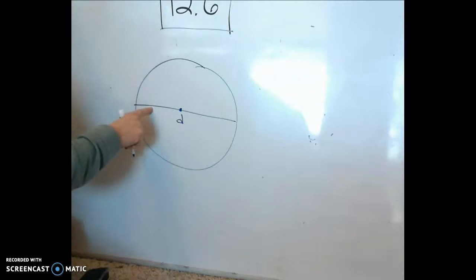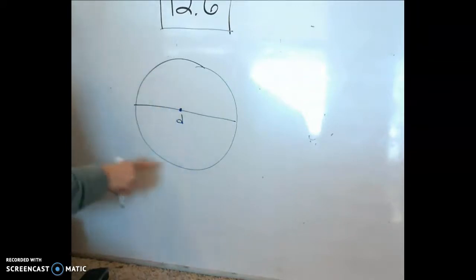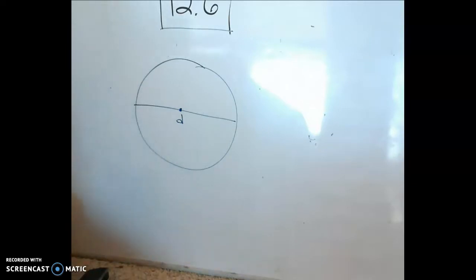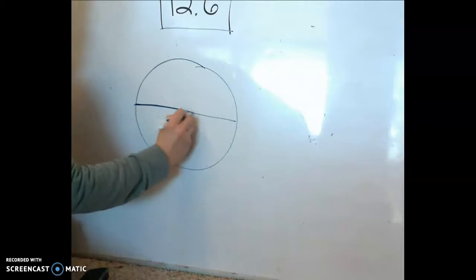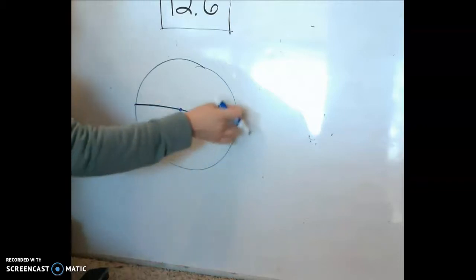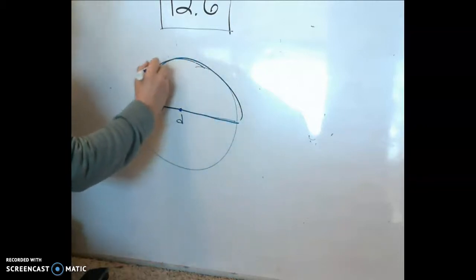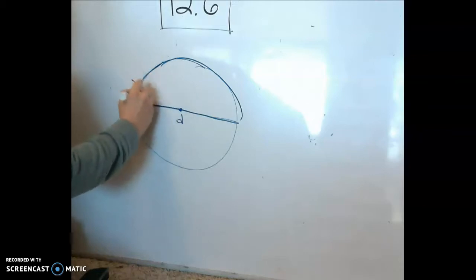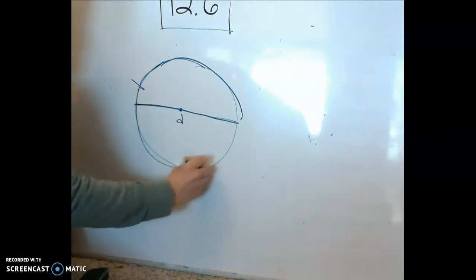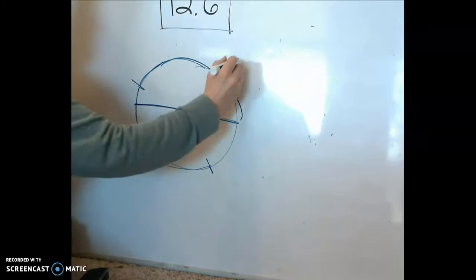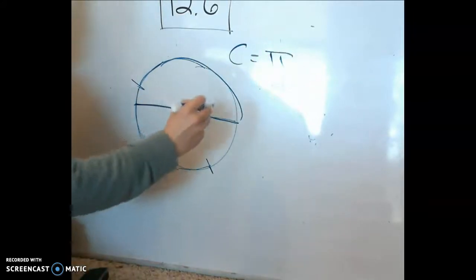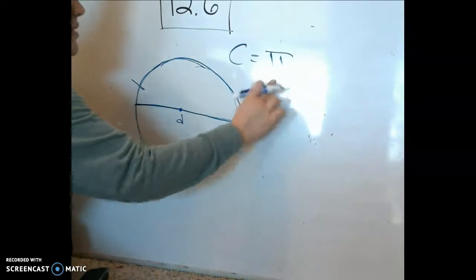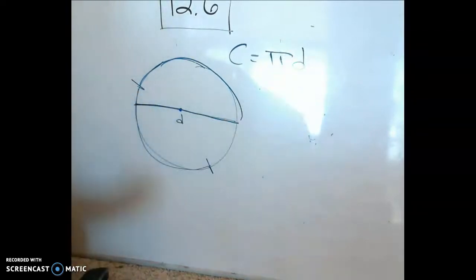But you could have your students measure how many diameters they think are going to go around that circle. You could have them take a string and cut out the diameter, and then go around the outside and mark it off and see how many diameters can go around there. And again, remember, circumference is pi times d.